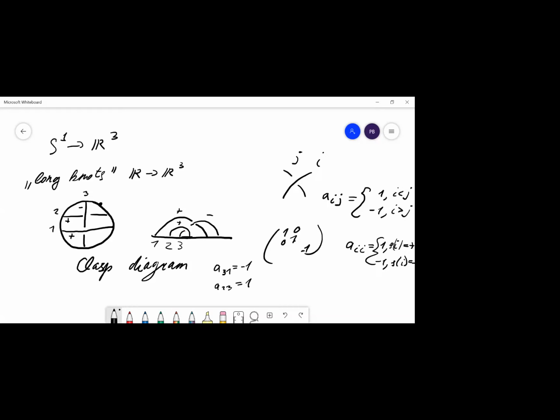So 2,3. So 1,3 should be 1, and 2,3 should be... No, the thing is that it's not symmetric. We only have those. I see the problem. Your arc diagram is different from your chord diagram.